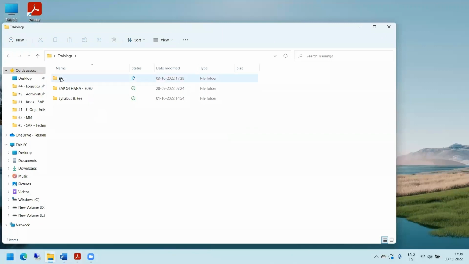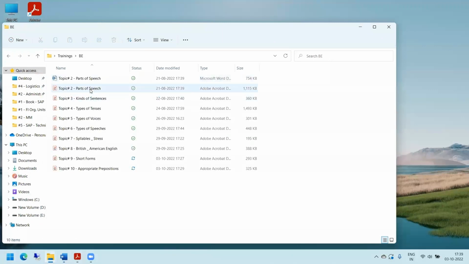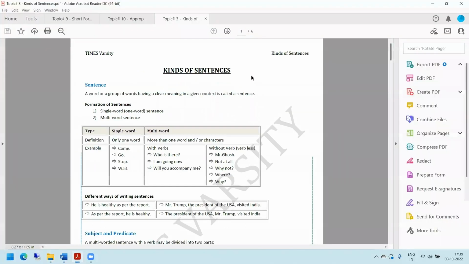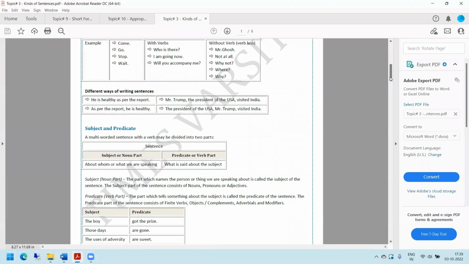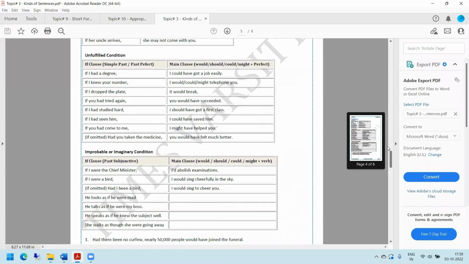Affirmative. Perfect. Affirmative sentence is also called a positive sentence.